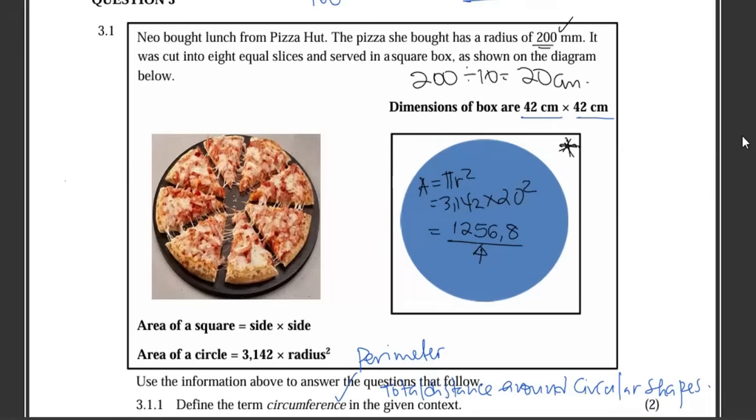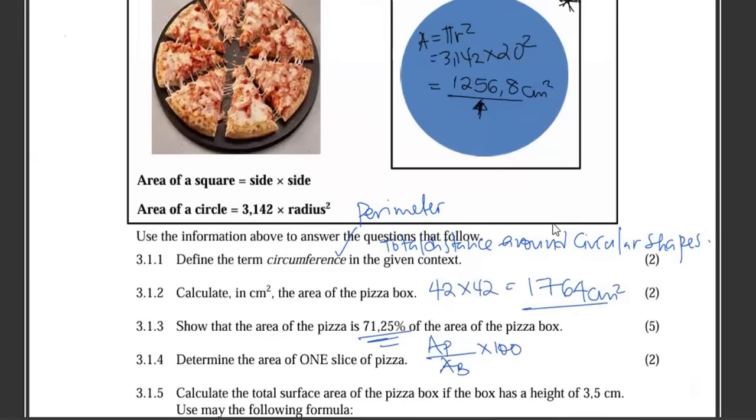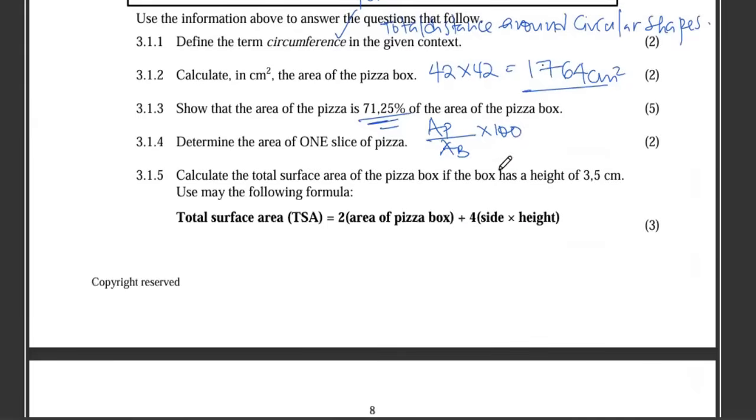All right, so we've got this area here. It's already centimeters squared. Look at the values only. So the area of the pizza, which is 1,256.8, divided by the area of the box, multiplied by 100.